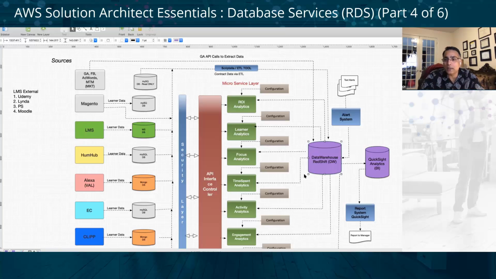And once you get that data into QuickSight, then you can go ahead and run your reports. You can also send out alerts and different text messaging and whatnot from that data warehouse. So that allows you to work very seamlessly from different sources of data, which is on the left, right?